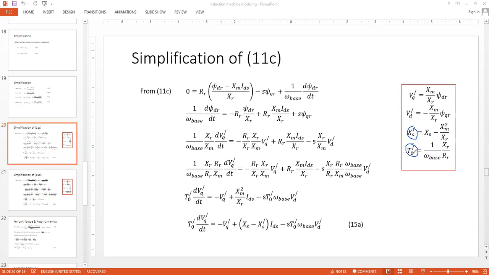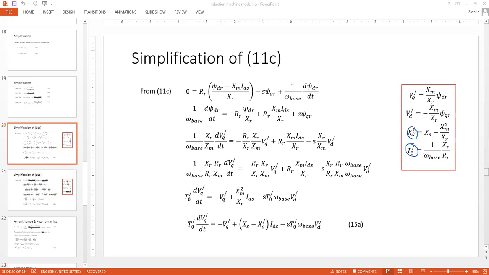TO dash is nothing but the open circuit time constant. And remember here we are not using TDO dash or TQO dash because the D axis and Q axis air gaps are identical, uniform air gap. So all the same, TO dash for the D axis and TO dash for the Q axis should be identical.